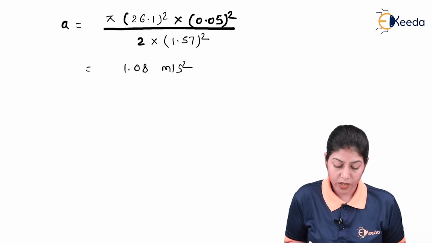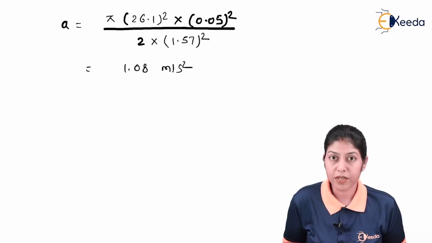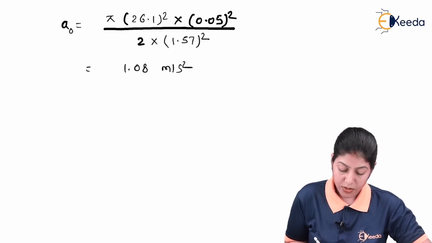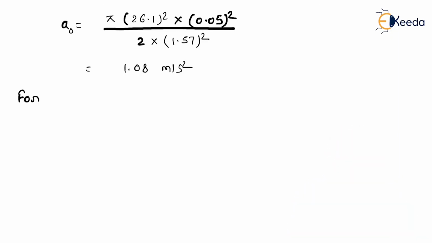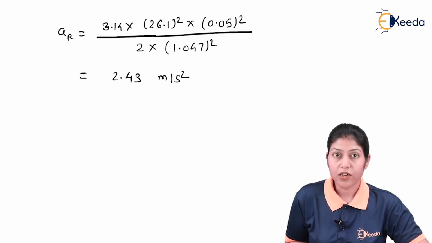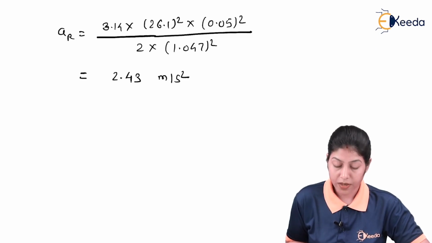So A naught value will be 1.08 meter per second square, and for the maximum acceleration for return stroke, the value of AR is 2.43 meter per second square.